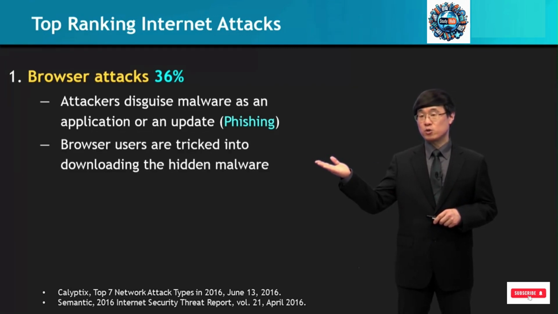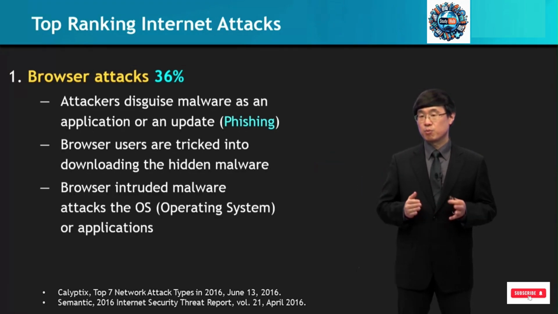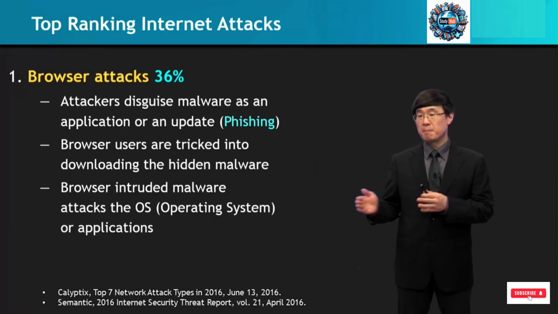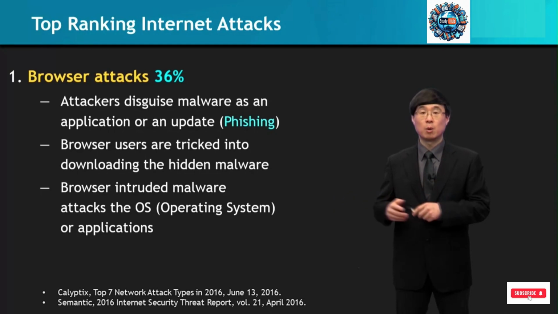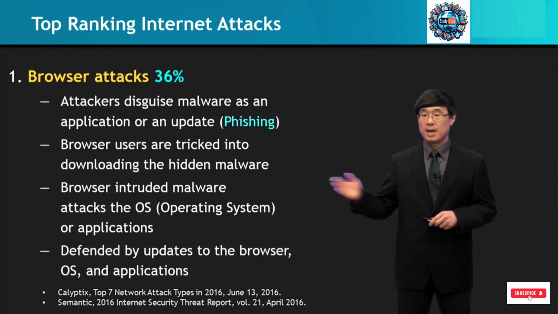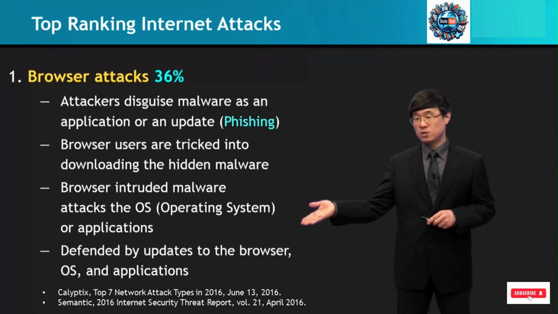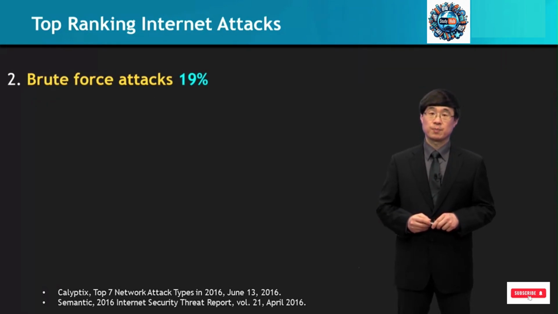The browser users are tricked into downloading the hidden malware, and the browser-intruded malware attacks the operating system or the application on your PC or your mobile device. It can be defended by updates to the browser, operating system, and applications.